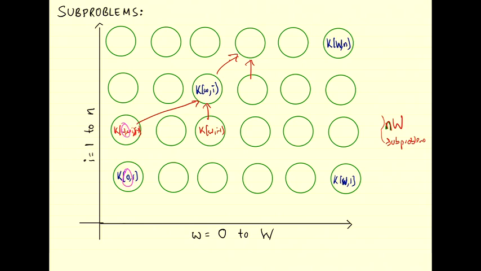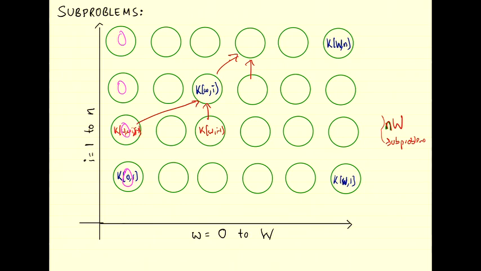These are all 0, because if the weight is 0, then the value is 0. And so now we can compute the values of these subproblems in some order.